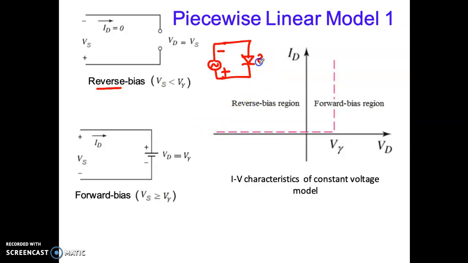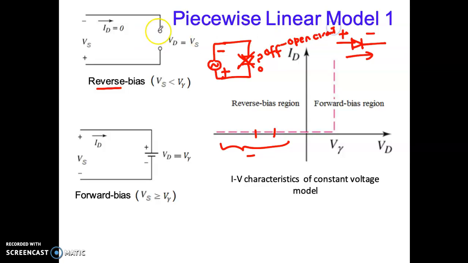In order for the diode to turn on, the voltage here must be plus and minus, because the diode only allows the current to flow in one direction. If this area is minus and plus, the diode will be off, and it will be an open circuit.